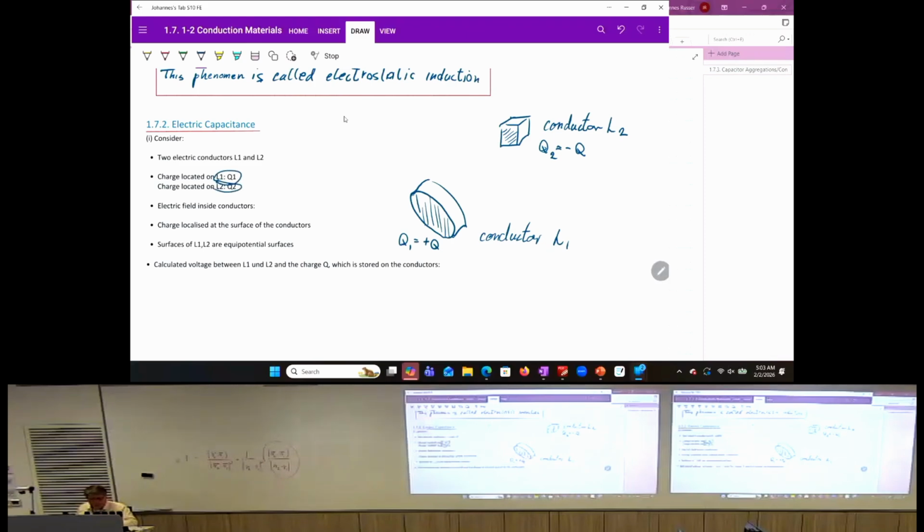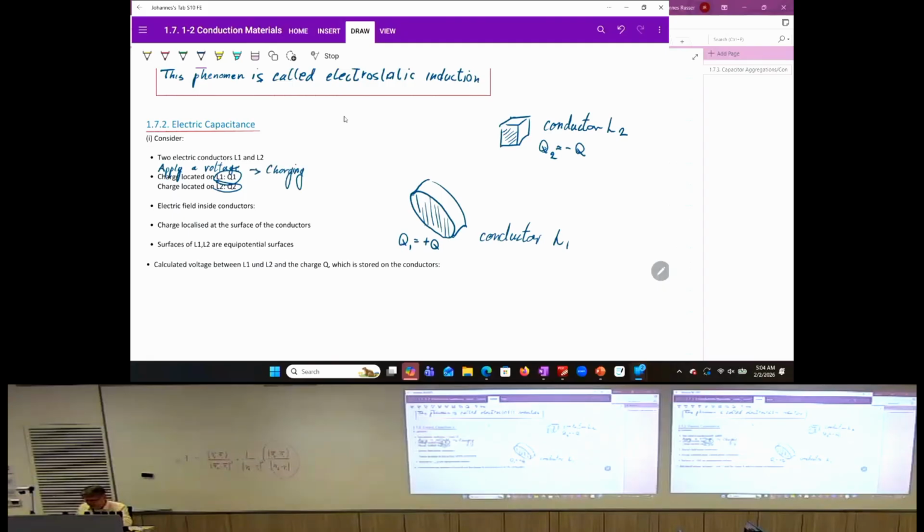So how do you get these charges? Basically, you apply a voltage to both conductors, and by doing that, you charge those. So you apply a voltage, and it will yield some charging.